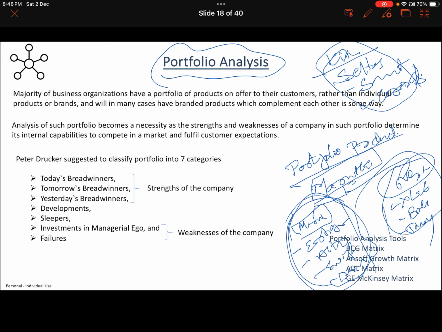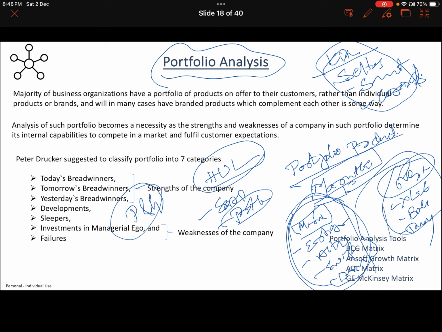So every company, if you say India's major FMCG, HUL, Hindustan Unilever, they have many products. They have soap, they have products under toothpaste, correct? So many products they have under the HUL category. Same with Procter and Gamble also. So a big list of products.